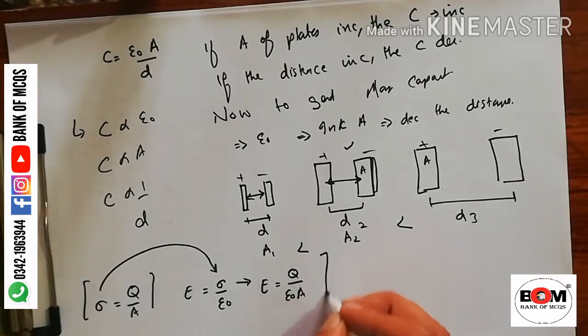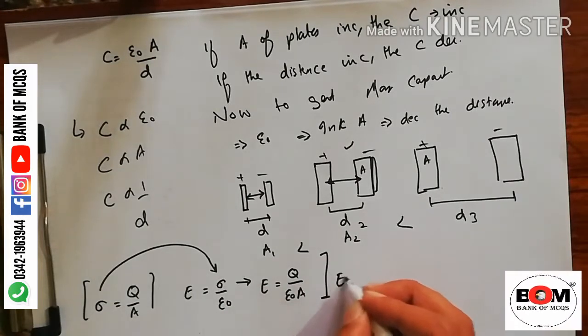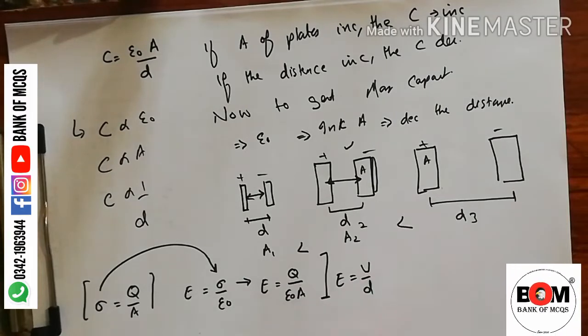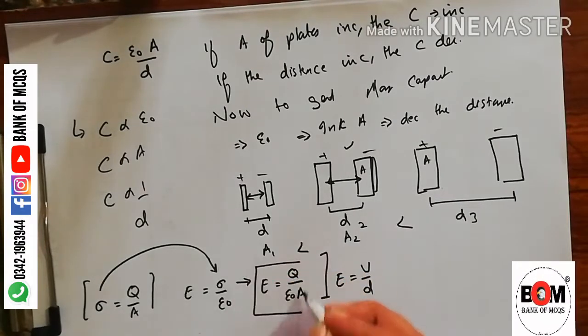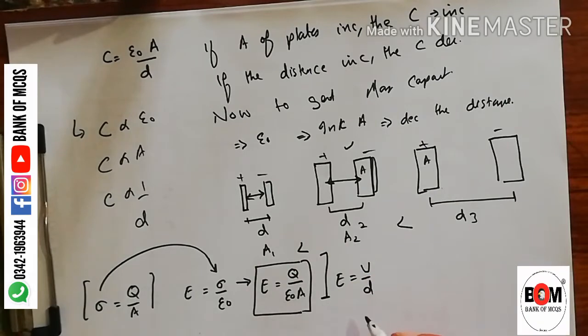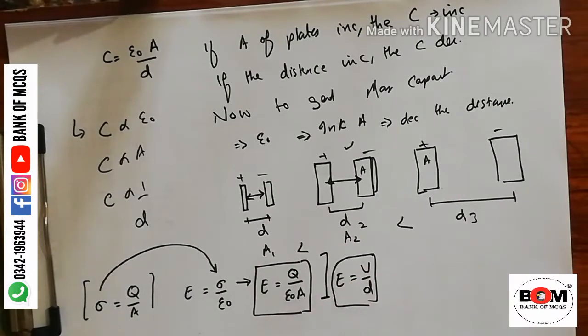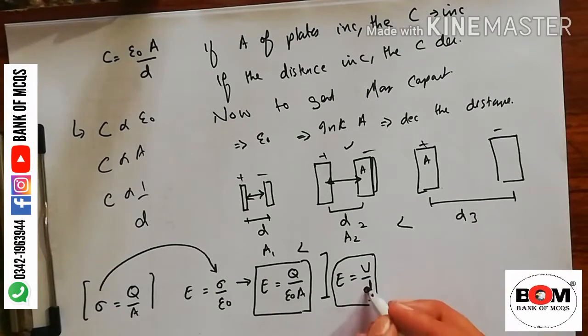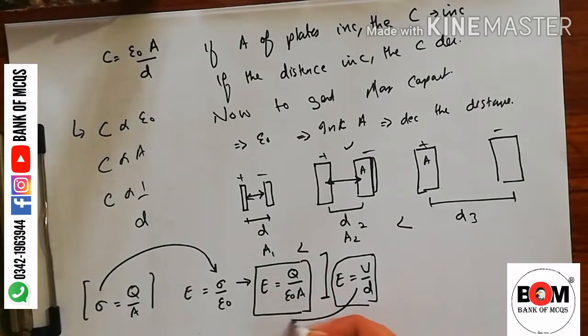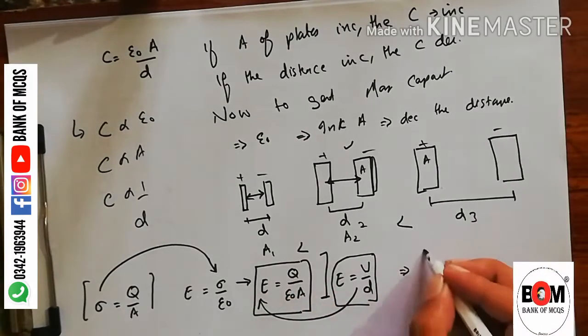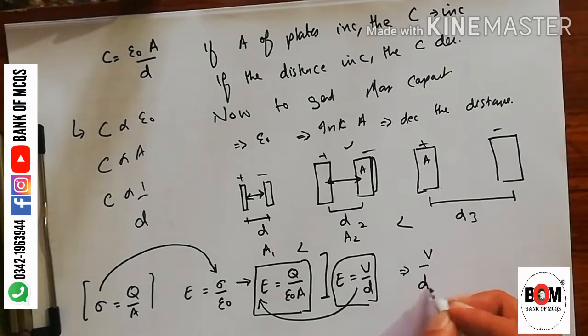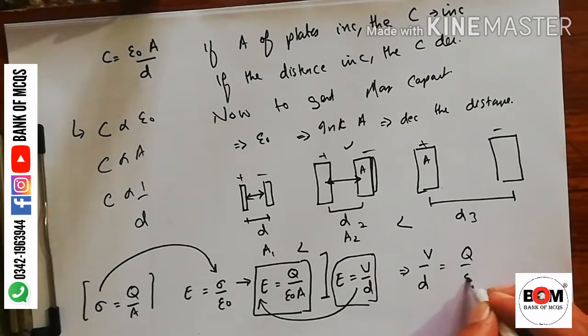We have another equation, that E is equal to V divided by D. So we have two equations: E is equal to Q divided by E naught A, and E is equal to V divided by D. Putting V by D here, we get V by D is equal to Q divided by E naught A.